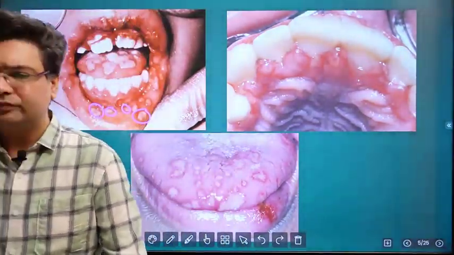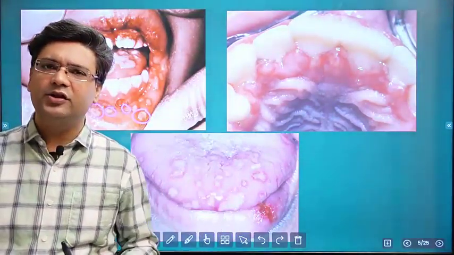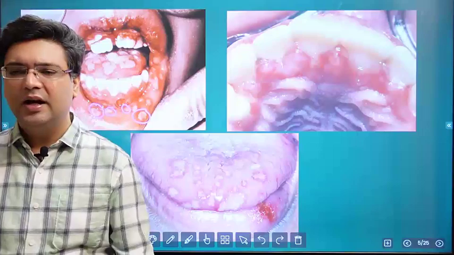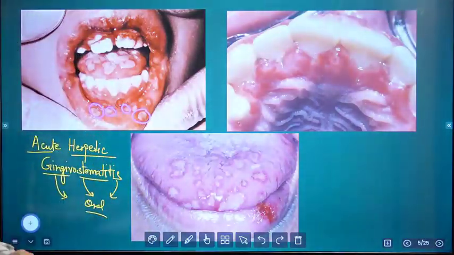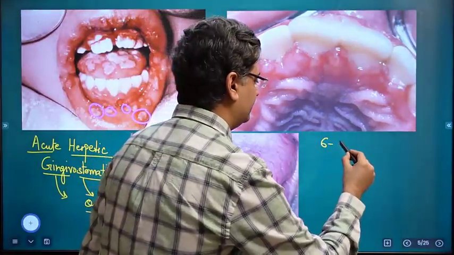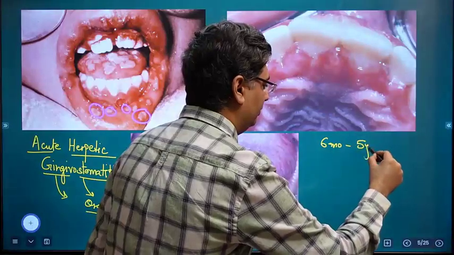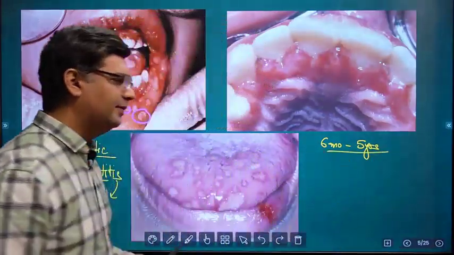Generally these herpetic gingivostomatitis infections are seen between the ages of 6 months to 5 years. So this generally affects those children from 6 months to 5 years. This is the main time.